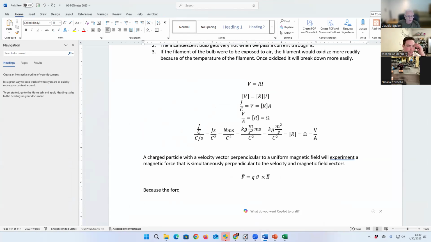Because the force is perpendicular to the velocity vector, the speed of the particle will be constant. Do you understand that?